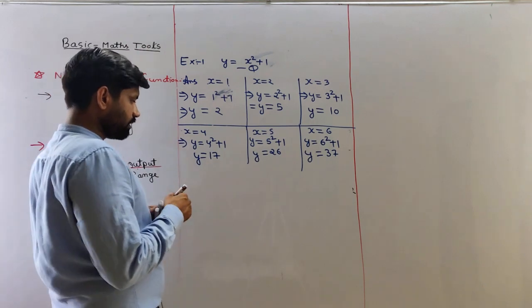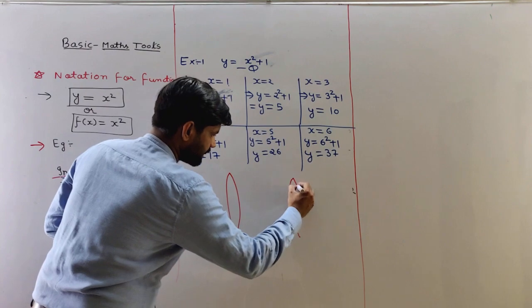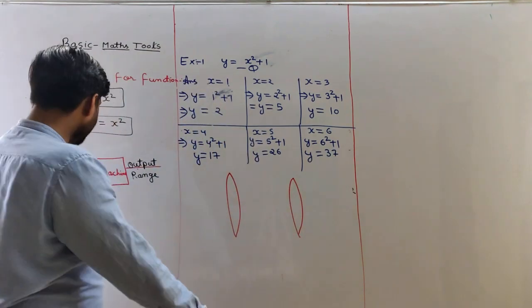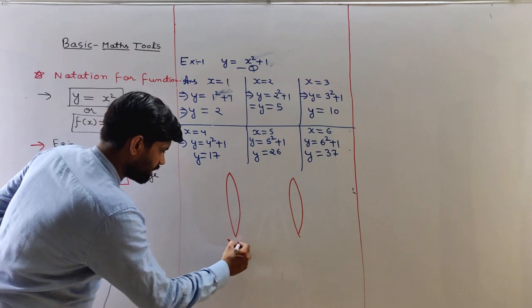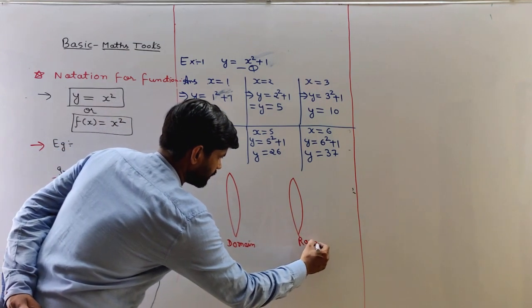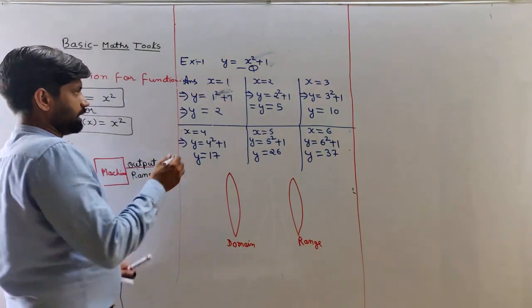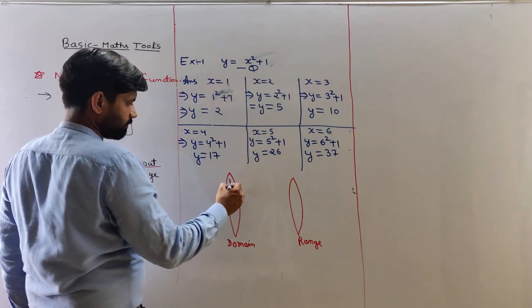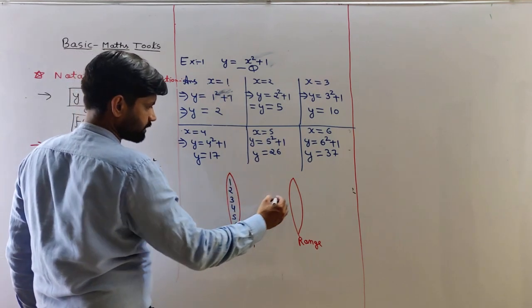So in mathematical language, we can write this input and output, or domain and range. What is input? x is equal to 1, 2, 3, 4, 5, 6.